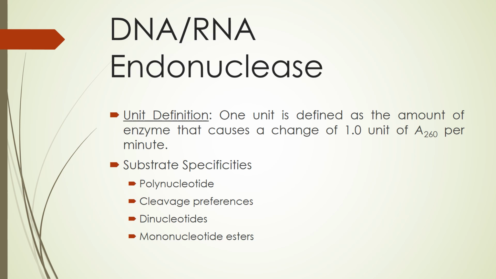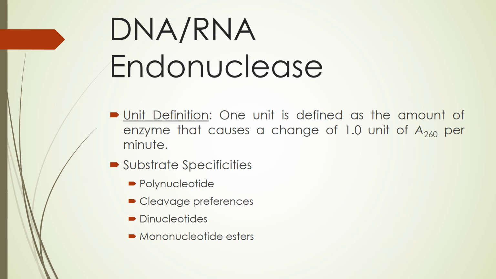Now we come to another specificity of this enzyme, dinucleotides. Dinucleotides means only two nucleotides are the substrate, with this distinct order of preference: first is T, then A, then C, then G for the base in the beta position, but there is little base specificity in the alpha position.